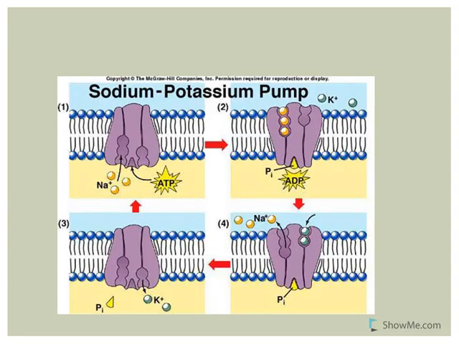So let's look at it here. The sodium potassium pump is an active transporter, a primary active transporter. It pumps 3 sodiums out of the cell in exchange for 2 potassiums going into the cell. So you end up with that unequal distribution of sodium and potassium across the membrane. You stimulate that cell again, and you're going to have another action potential.